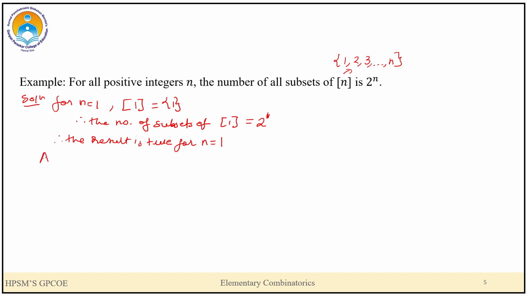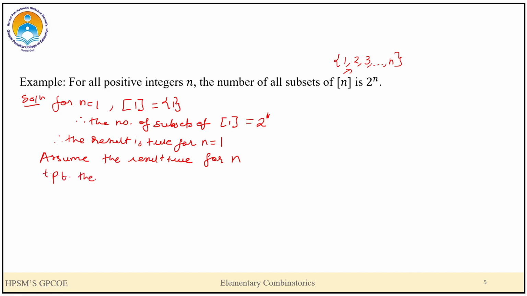Now we assume that the result is true for some value n. So assume the result is true for n, that is, the number of all the subsets of the set [n] is 2 raised to n, and now we have to prove that the result is true for n plus 1.